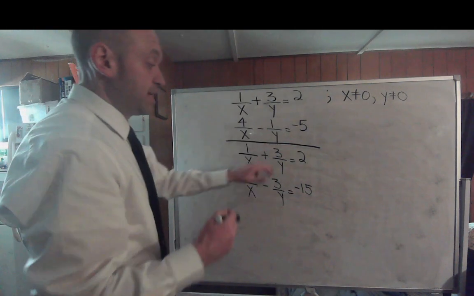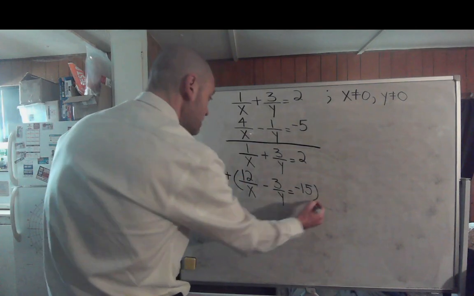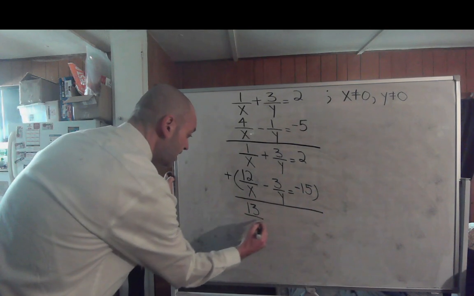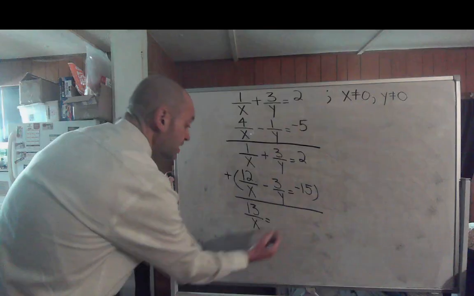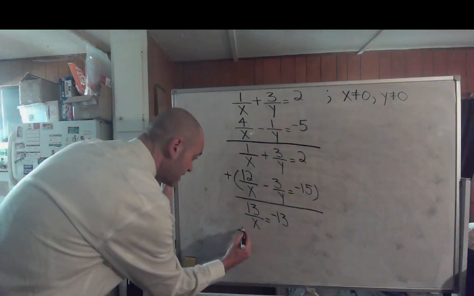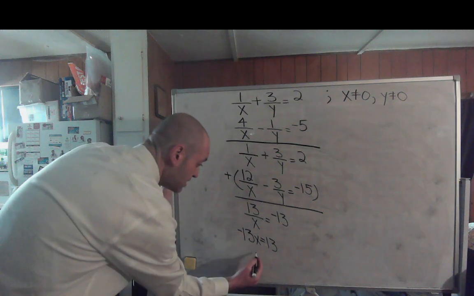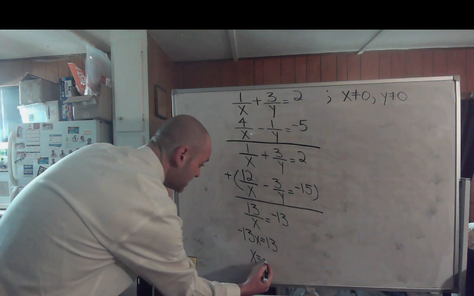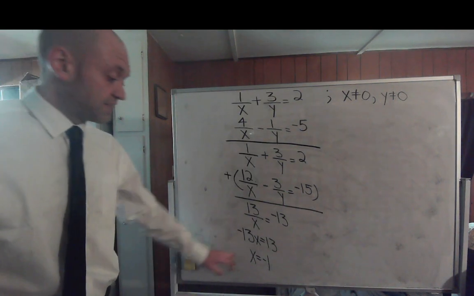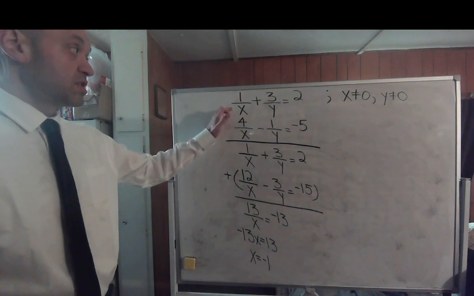Now you can simply add these two equations. You'll get rid of your y terms. You would end up with 13 over x equals negative 13. Cross multiply, you get negative 13x equals 13, which means that x equals negative 1. Now just stick that negative 1 into one of your original equations, and you can solve for y.